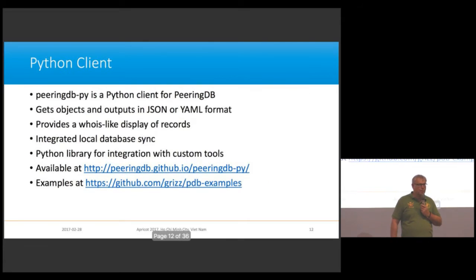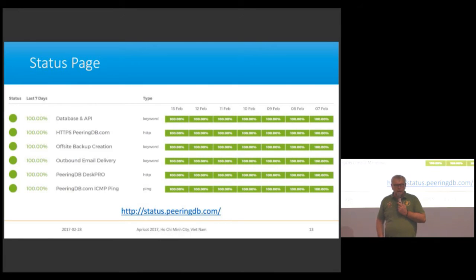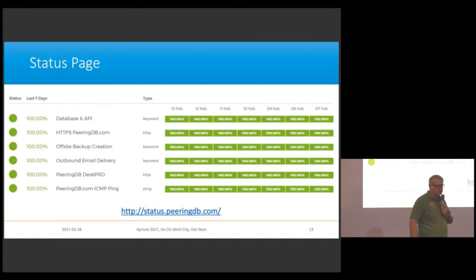There is also a Python client to query the database. What most users do is they use either the API or the graphical user interface, and for that reason we have put up a separate status.peeringdb.com to give you an overview of the healthiness and status of PeeringDB.